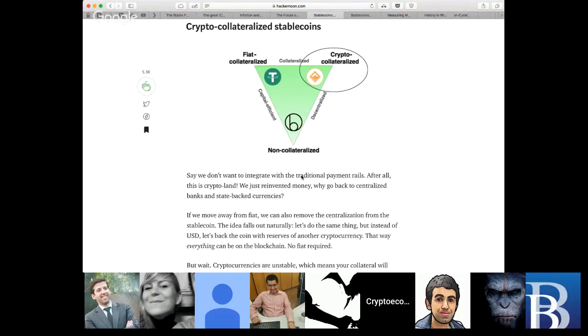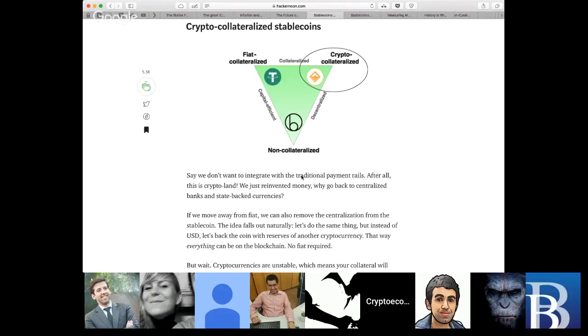The issue with a crypto collateralized stablecoin is that you have to take into consideration the volatility of the collateral itself. So if you issue, I don't know, 100 tokens from 100 Ether, if the price of Ether is crashing, the price of your stablecoin will obviously not be stable anymore and would crash the same way.